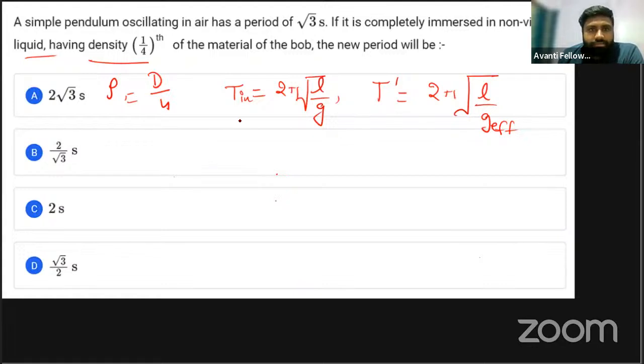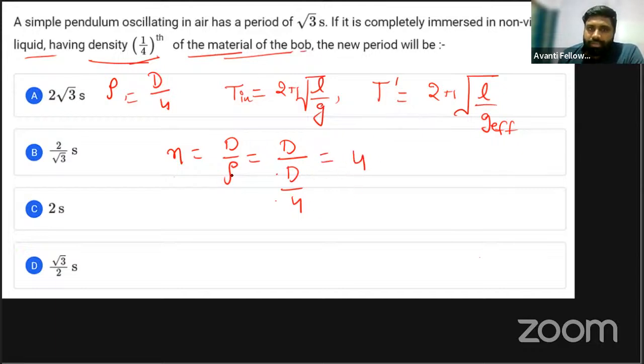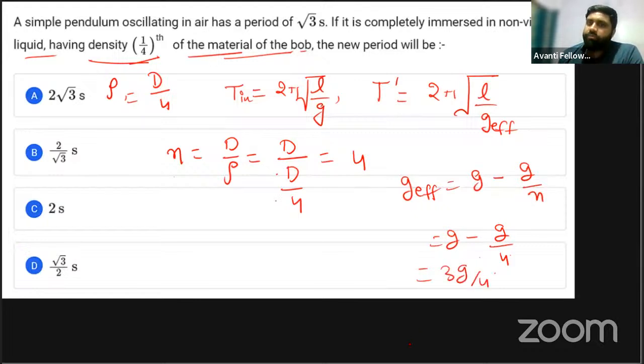Now, if you apply it, n you calculate is D by rho. D is the density of the bob material, and rho is 1 by 4th of the material of the bob. So n equals 4. Now g effective is g minus g upon n, g minus g upon 4, so this will become 3g upon 4.